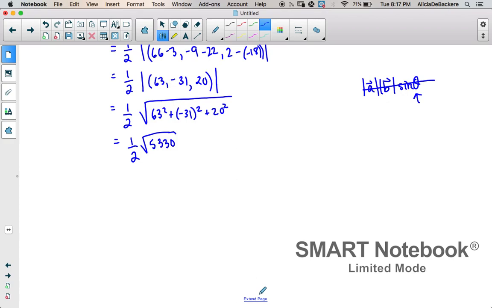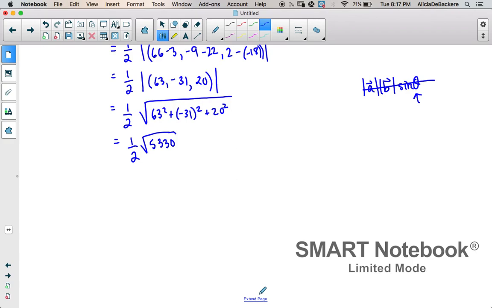I don't have one of those magic calculators that just automatically reduces this for me, so I'm checking if I can divide by any perfect squares here. And I don't think so.